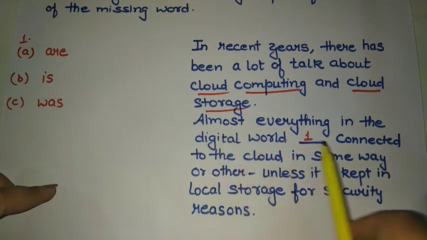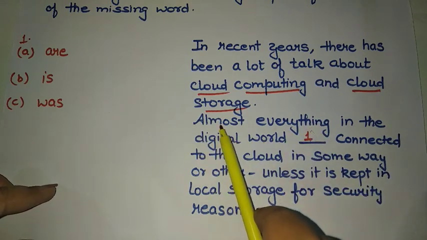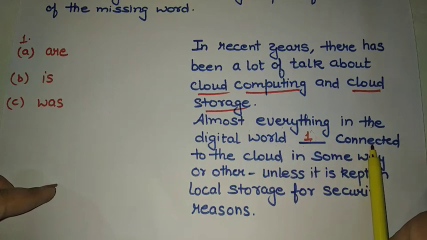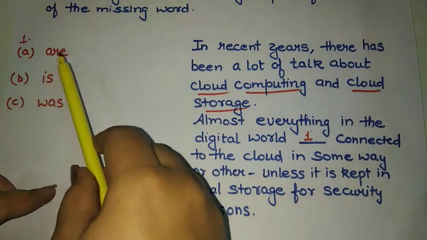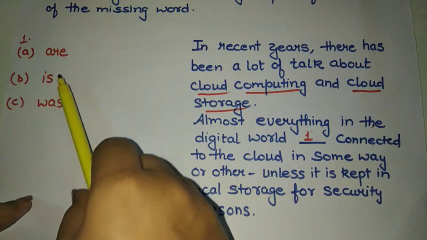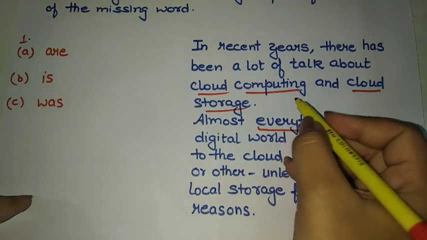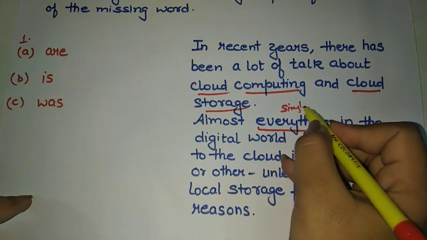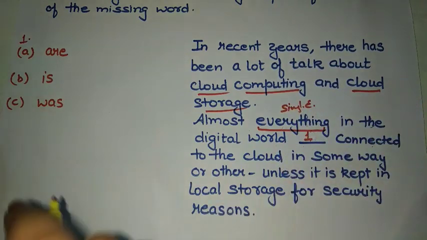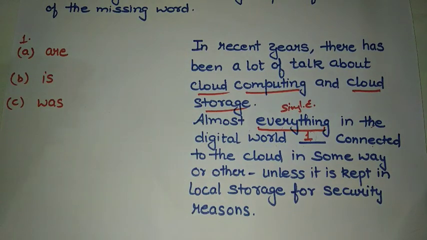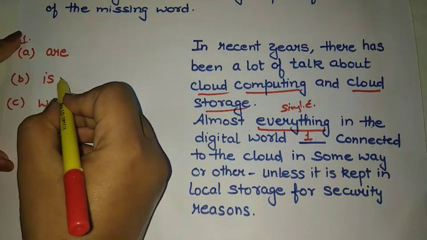So now see what we have to fill here. Almost everything in the digital world dash connected to the cloud, and the options are is, is and was. Now see, everything here I am considering as a single entity, so I will use a helping verb which is singular, that is, is.